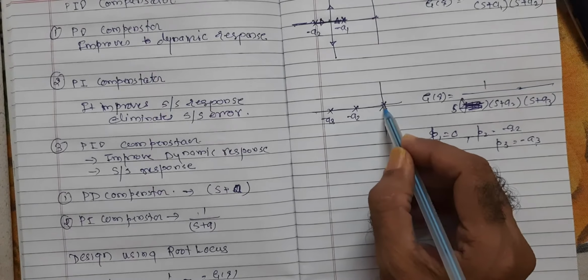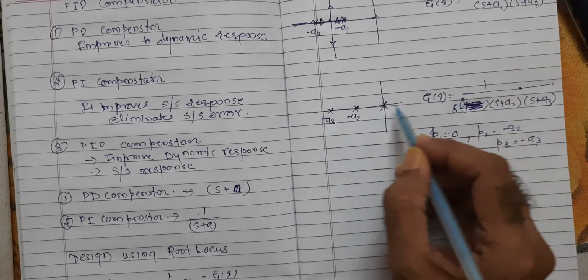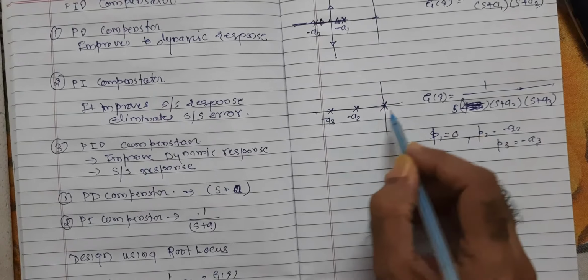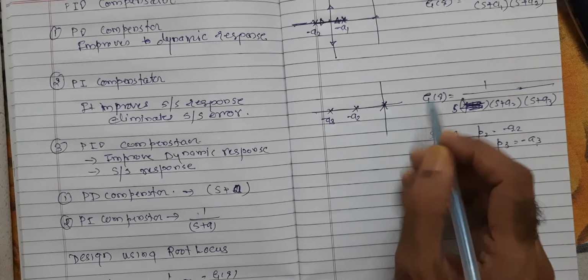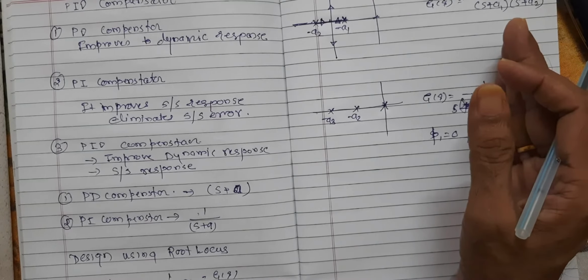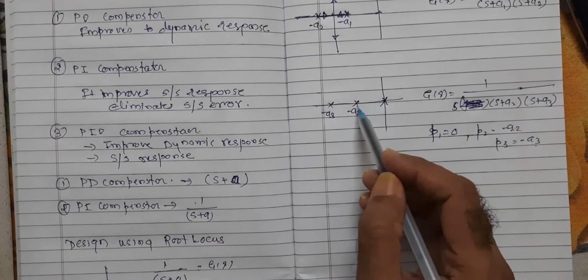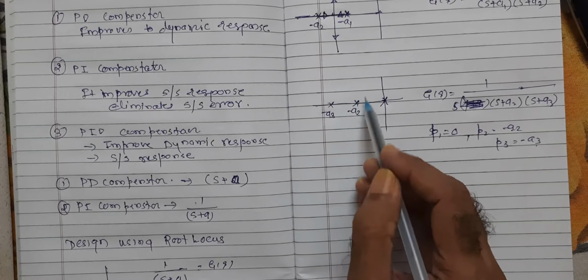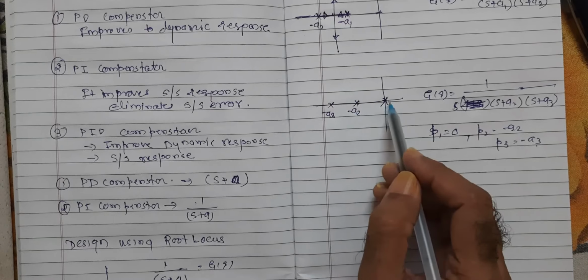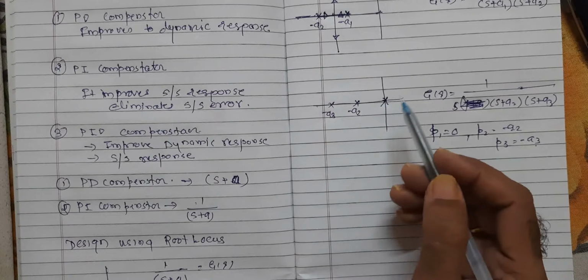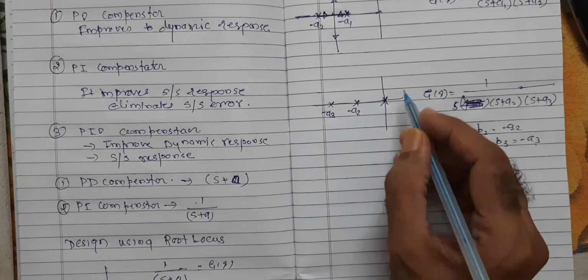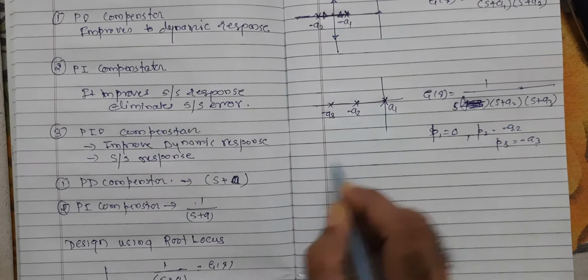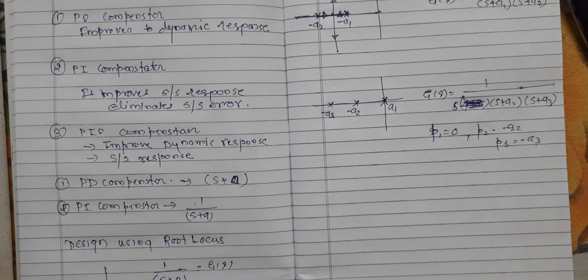Now to the right of these poles, no poles or zeros are there, so there will not be any root locus to the right of this pole. To the right of minus a2 there is only one pole, an odd number, so between a2 and a1 the root locus exists.